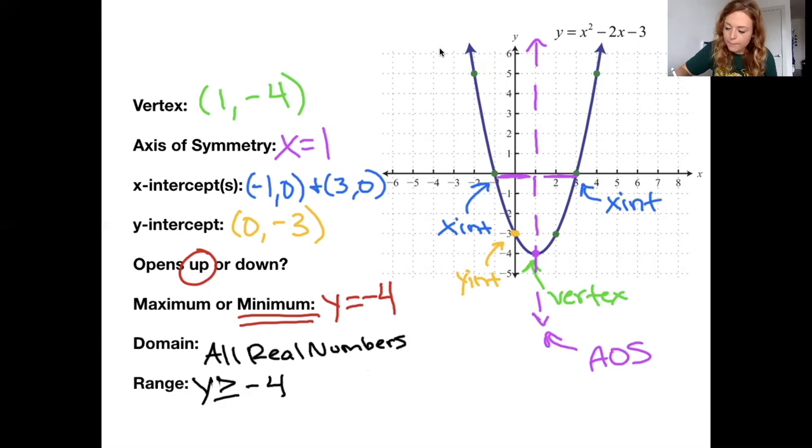Like the number that's halfway between 3 and -1 is 1. And that's how we get our vertex. So if you're given your x-intercepts, you can add those together, divide by 2, and you have the x value of your vertex. Just something to think about.